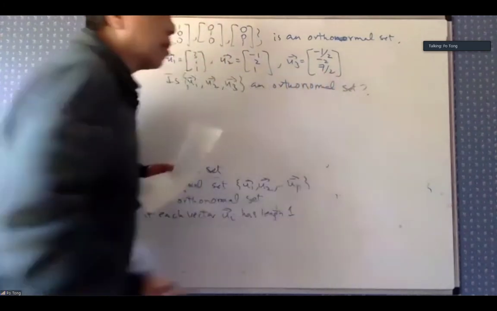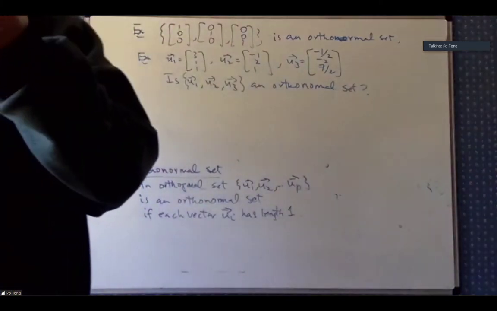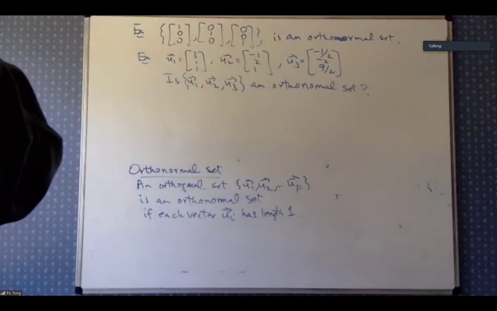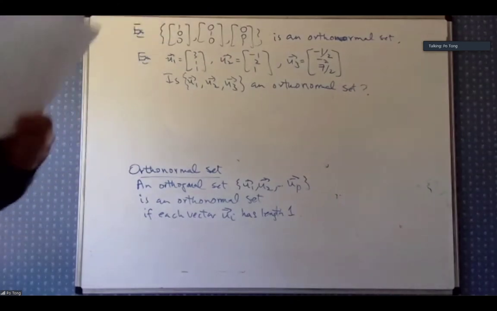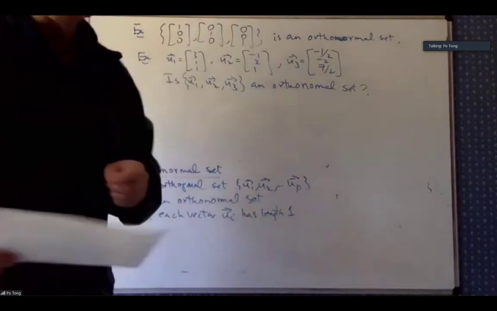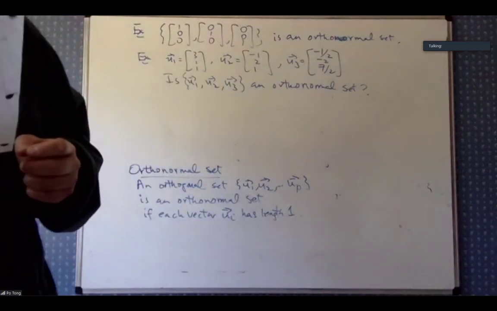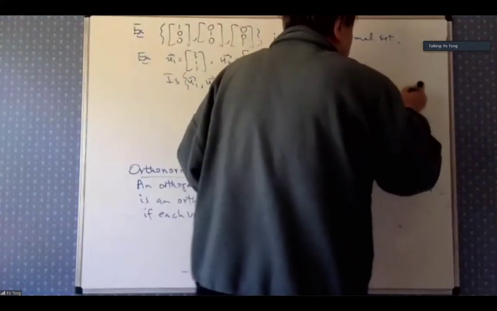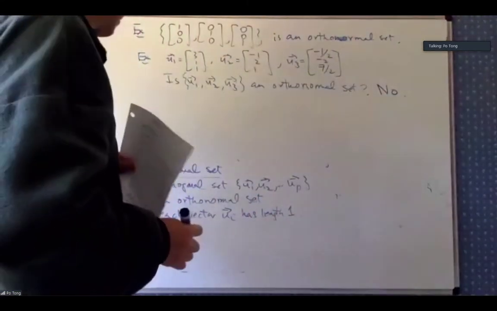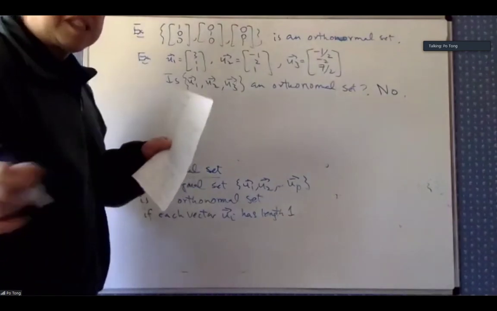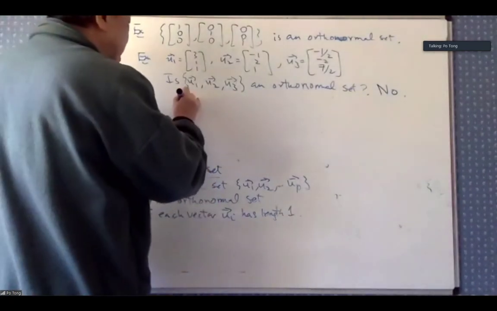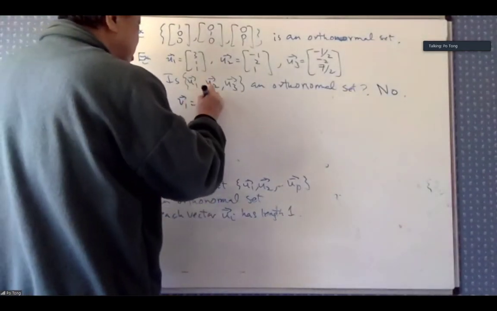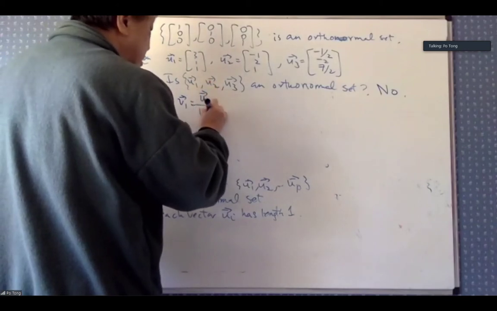Is this an orthonormal set? Do they have length 1? What do you think? Does this guy have length 1? No, the answer is no. Some of them are too short, some of them are too long. But we can normalize it. We can take v1 equal to u1 divided by the magnitude of u1.